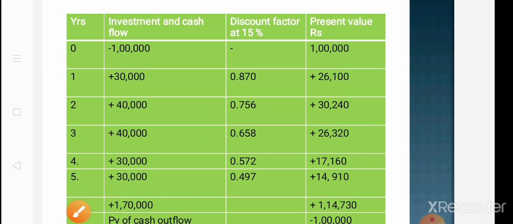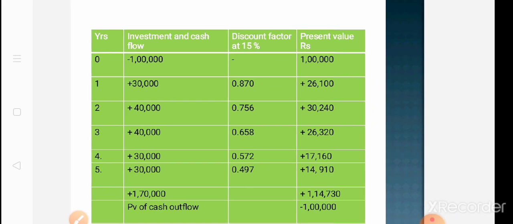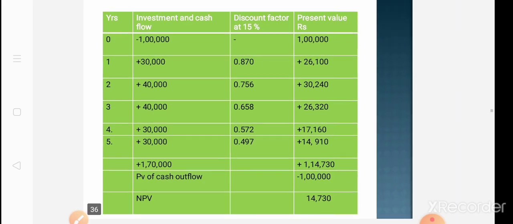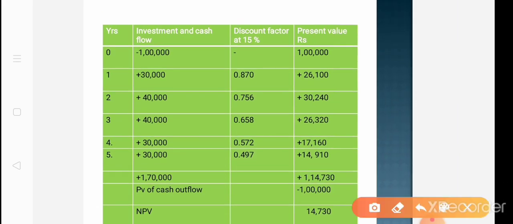So you just draw a table like this for easy calculation. Here you can rewrite the question till this. Then we want to create an additional column for present value.